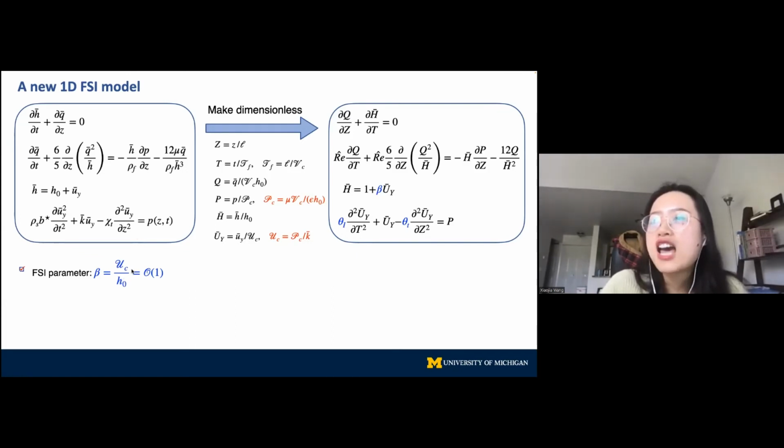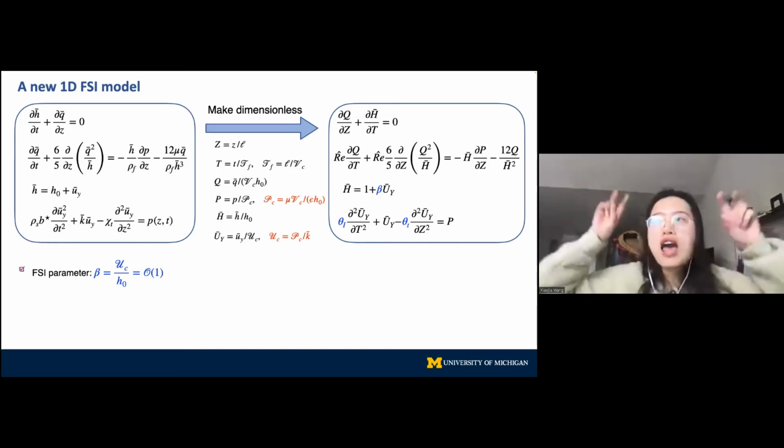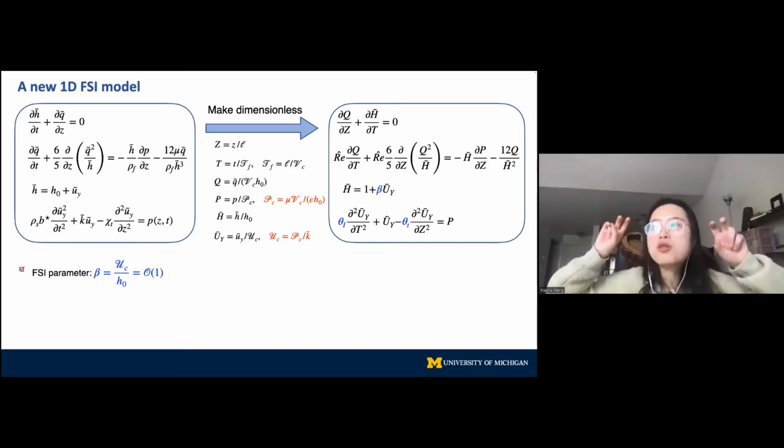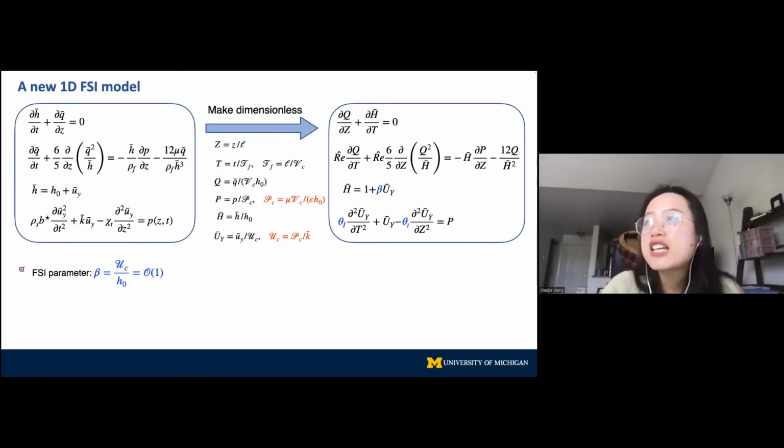Beta is defined as the characteristic displacement scale divided by the undeformed channel height. In our analysis, beta is typically an order 1 quantity. If you look at this equation, beta is actually gauging the fluid solid coupling strength. That is, beta is translating the wall deformation into the deformation of the fluid domain.